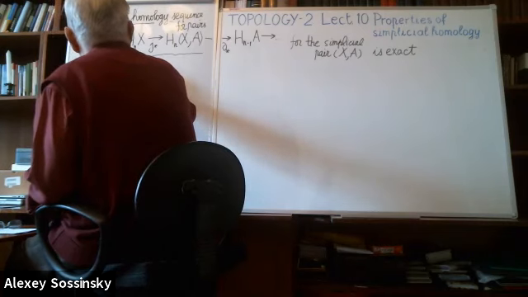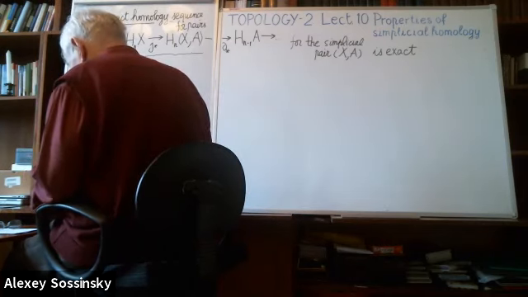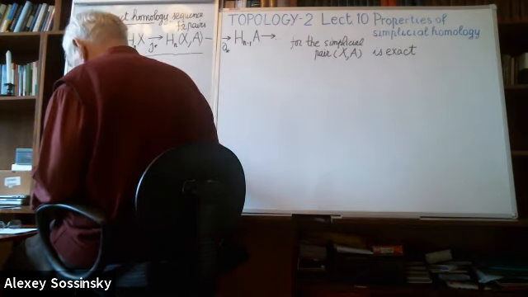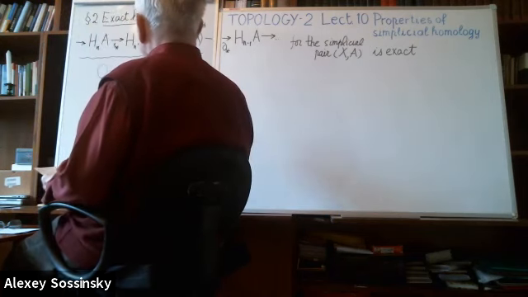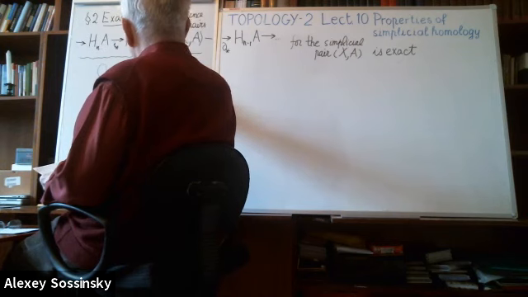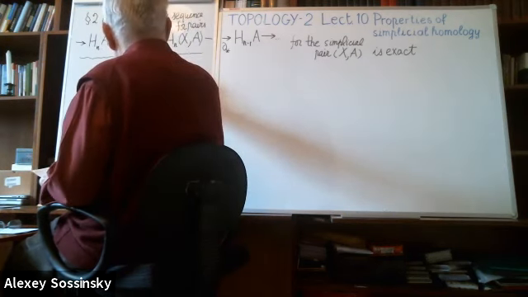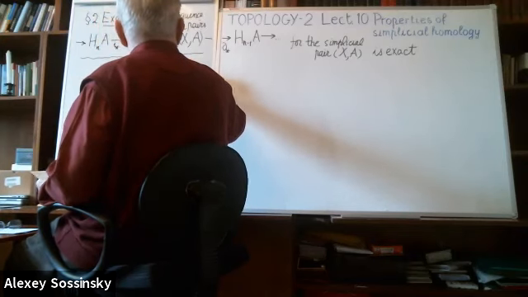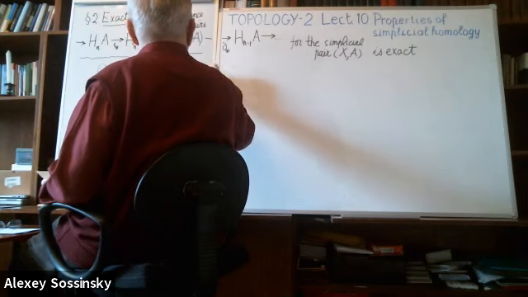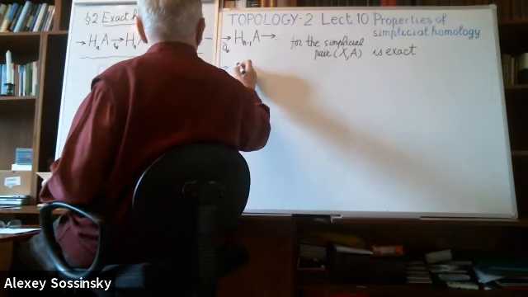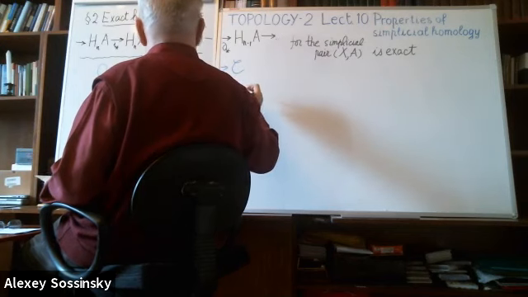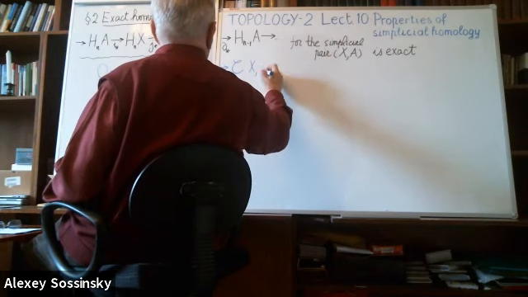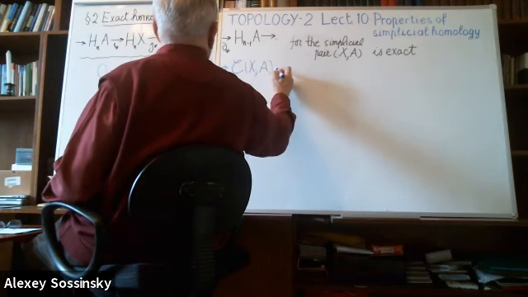Of chain groups. These are now simplicial chain complexes. So this is a chain complex of A. Then comes the chain complex of X. And then comes a chain complex of (X, A). And then we have 0.